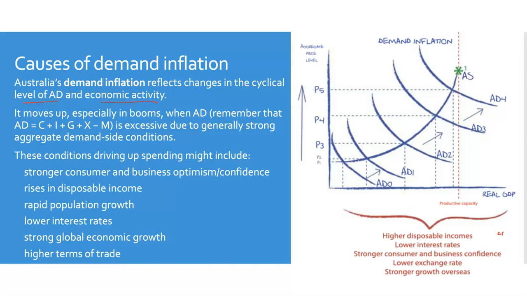We know that aggregate demand has a number of inputs: consumer spending, investment, government, plus exports minus imports. As this goes up, and particularly if it gets excessive, we can have really strong aggregate demand, and this can result in shifts to the right, which can actually increase our inflation.